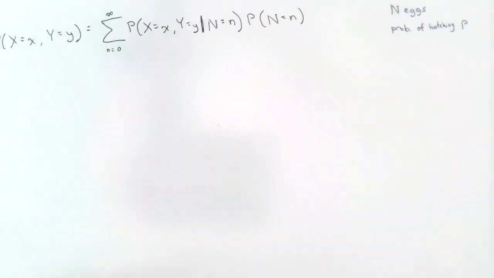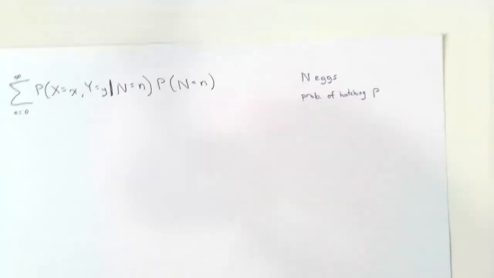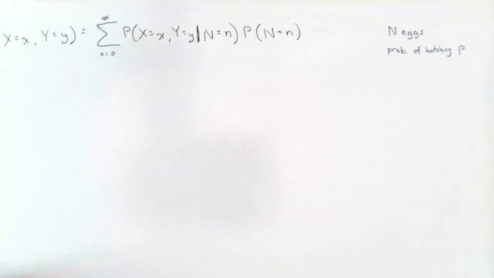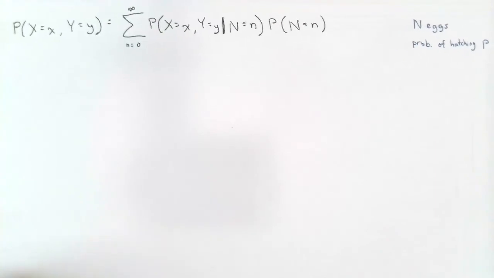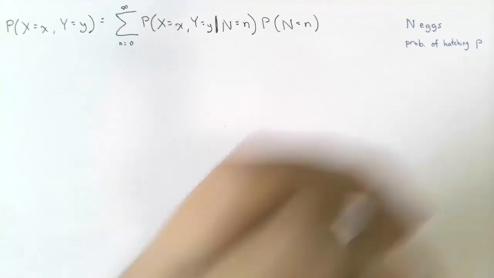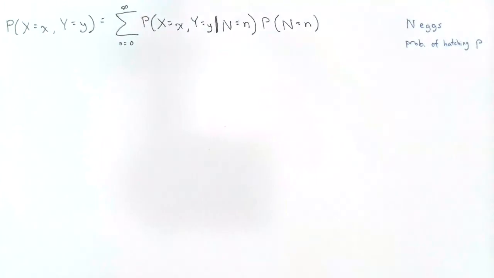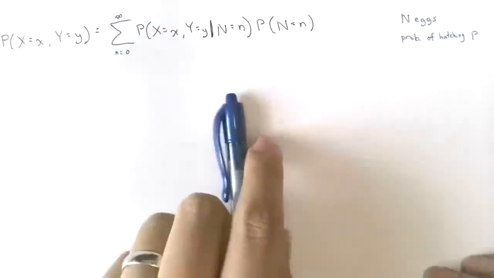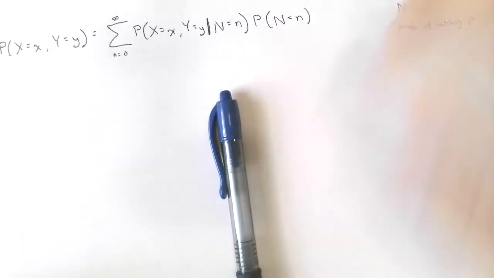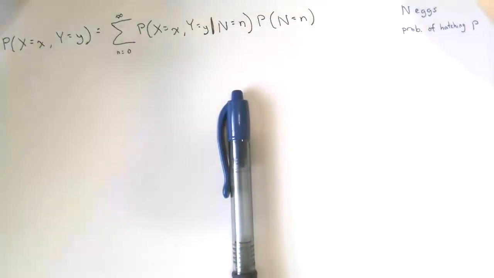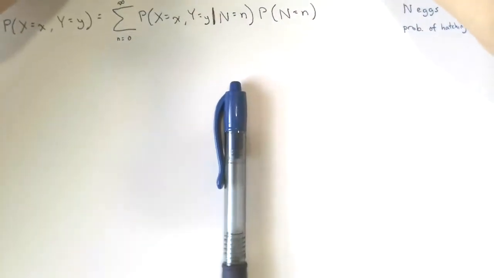Now, because we have probability of hatching P, then we also know the probability of not hatching is going to be 1 minus P.